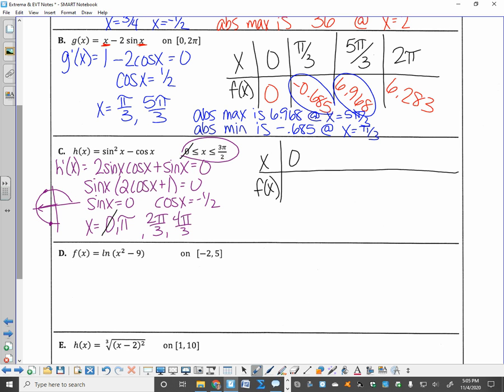The next smallest one is going to be 2 pi over 3. 4 pi over 3 is over a pi, so pi goes next. Then 4 pi over 3, that's 1 1/3. And then this one is 1 1/2.